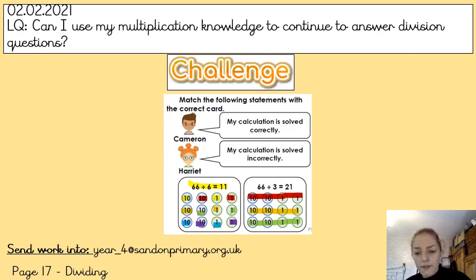You're just matching the different groups and their working out. So we know that 66 divided by 6 is 11. And we also know that 66 divided by 3 equals 21. Okay. Now the 66 divided by 3, we know that that's not quite right for this question. Okay, so have a go, figure out who is right and who is wrong.